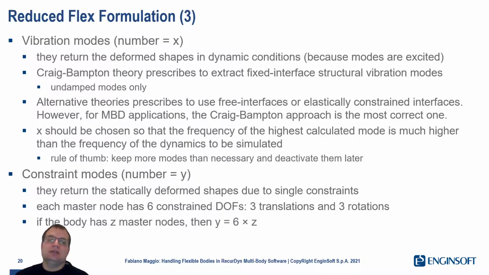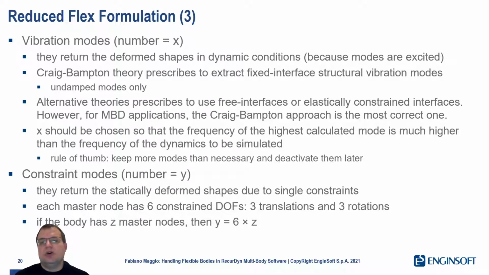As said, the number of unknowns, regardless of the number of nodes in the mesh, will be X plus Y: vibration modes plus constraint modes. The vibration modes are essentially extracted by performing modal analysis of the structure with all the interface nodes fixed to ground.